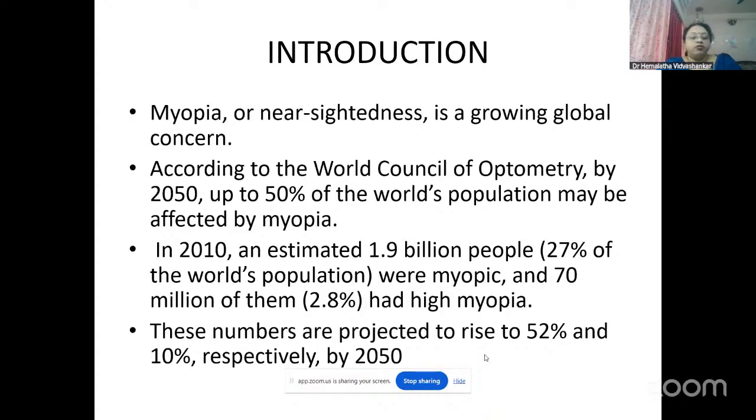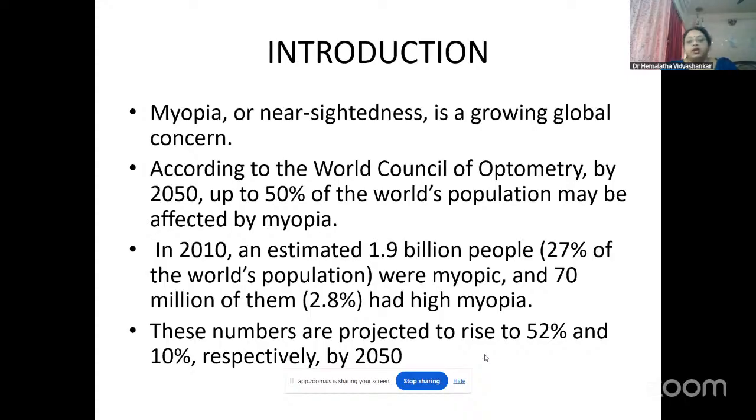So, myopia is of concern because it is increasing in numbers very rapidly. According to the World Council of Optometry, by 2050, up to 50% of world population may be affected by myopia. Now, if we compare it with 2010, there were 1.9 billion people, and it's projected to rise to 52%. That is almost double.